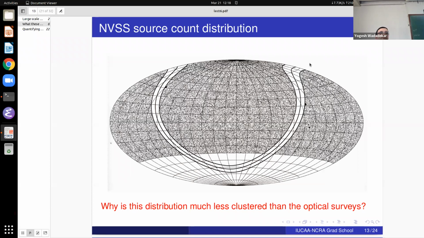So do you get radio emission only from sources? That is true. Correct. Correct. So that is true.